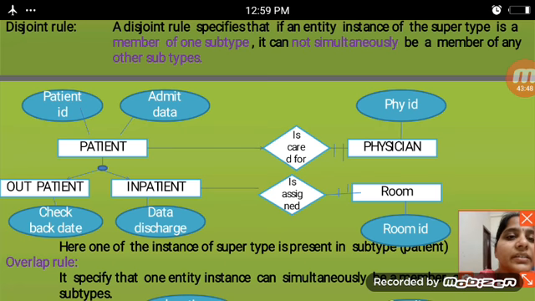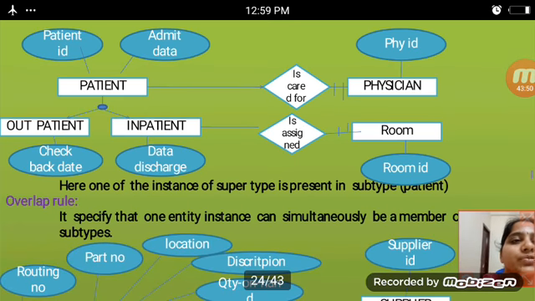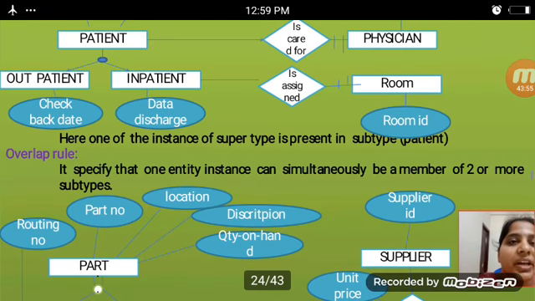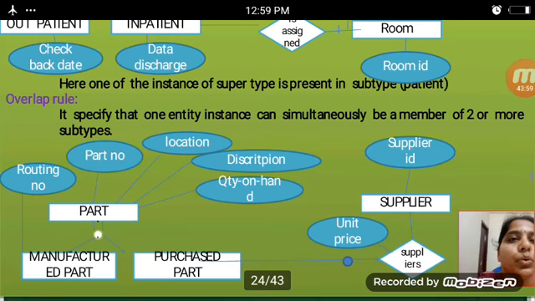Hence, one instance of the supertype is represented in a subtype. Then there is the overlap rule, which specifies that one entity instance can simultaneously be a member of two or more subtypes.